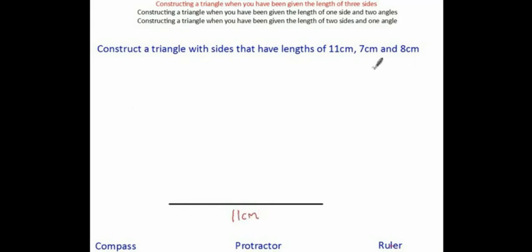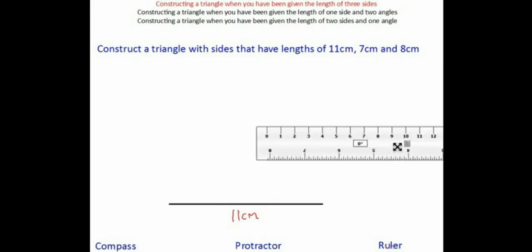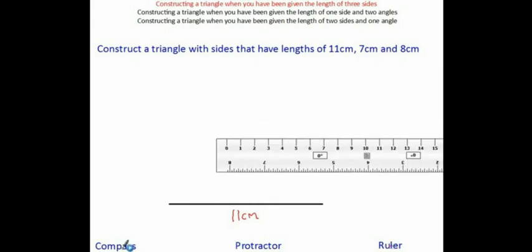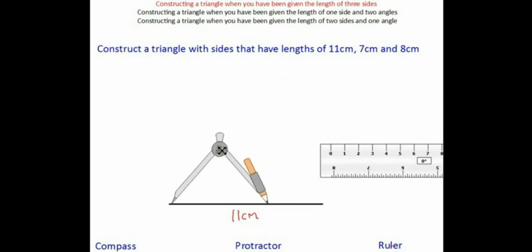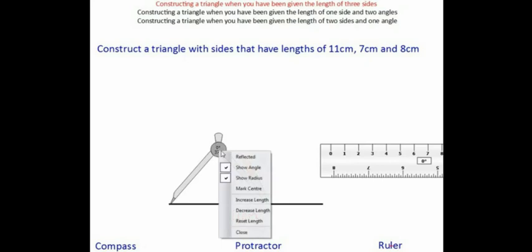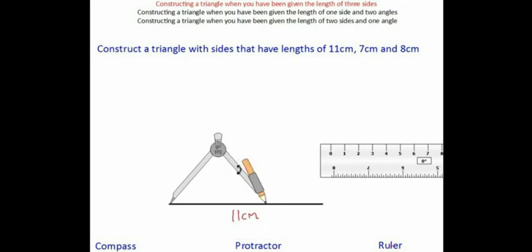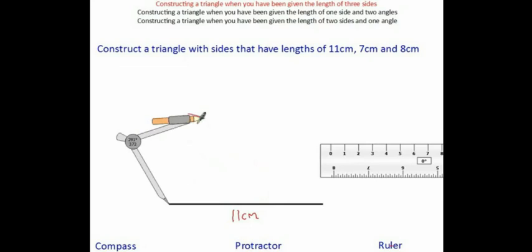Now to get the other 2 sides of 7 centimetres and 8 centimetres, we're going to have to use our ruler and we're going to have to use it with our compass. So get your compass, put the needle at 0 and then open your compass to 7 centimetres. And then we're going to draw a big arc from one side of the base to above the baseline. So open it up and do a nice arc like that.